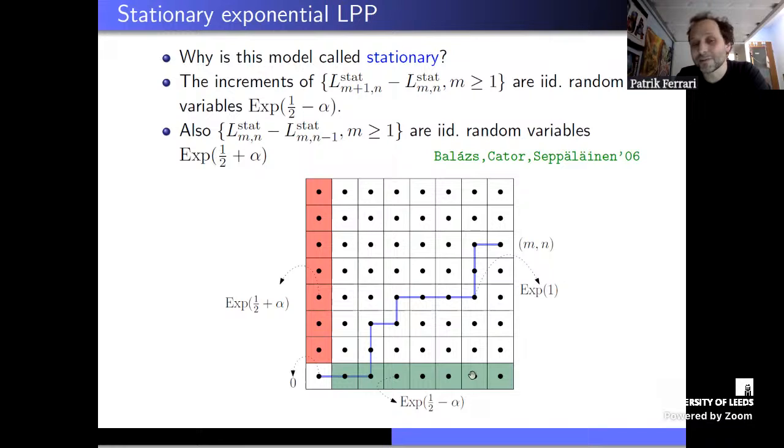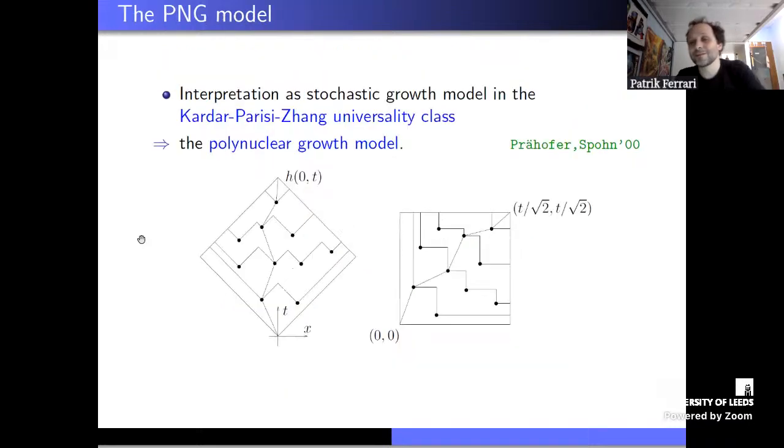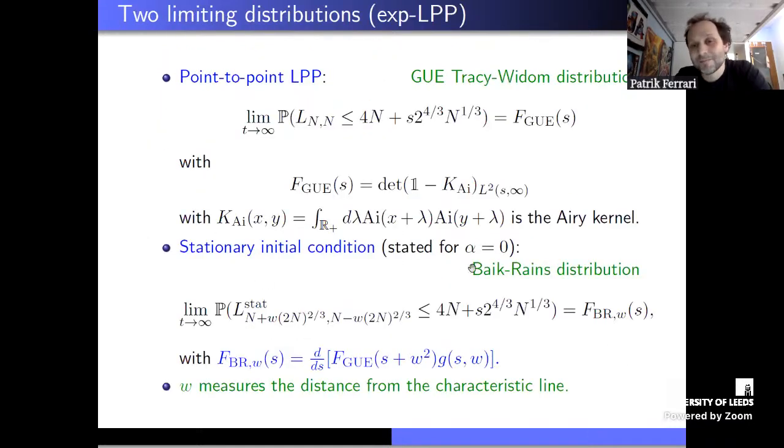In order to see something non-trivial, we take alpha essentially 0 for simplicity, but every other alpha can also be treated. And this was obtained by Baik and Rains, actually first in the geometric and in the Poisson case: in the stationary case, if you look at points of order N^(2/3) away from the diagonal, the limiting distribution is non-trivial and is given by the so-called Baik-Rains distribution, and W is actually a family of distribution functions. W is the parameter that tells you how far you are from the diagonal.